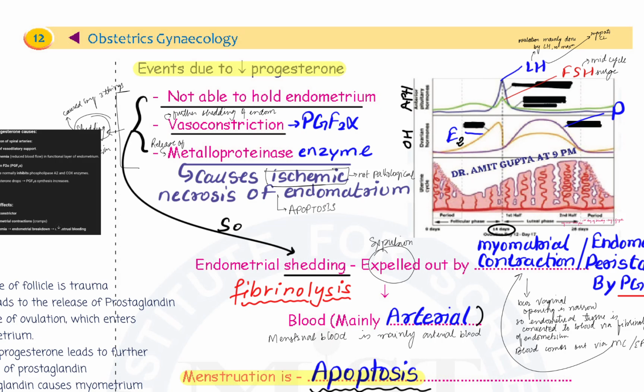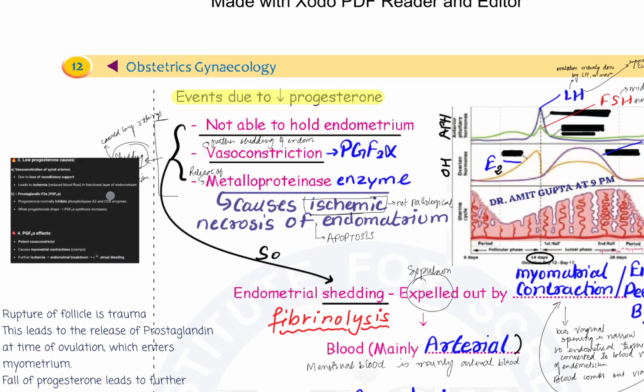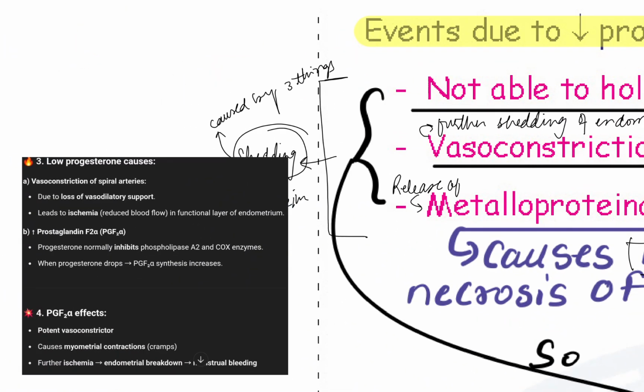This ischemic necrosis might sound pathological, but it is not. It's just apoptosis and a physiological process. So low progesterone causes vasoconstriction of spiral arteries due to loss of vasodilatory support.